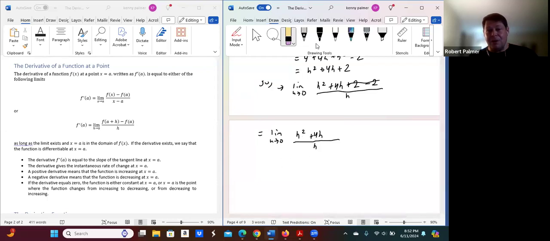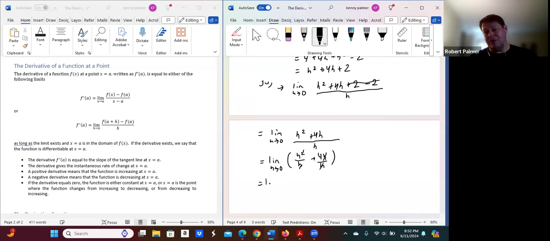Okay. So now the best thing to do here is just turn this into 2 fractions. So we're going to have h squared over h plus 4h over h. And the h's cancel out, and 1 cancels out here.